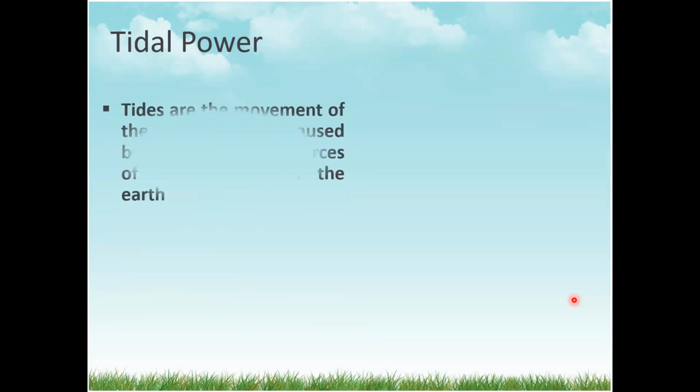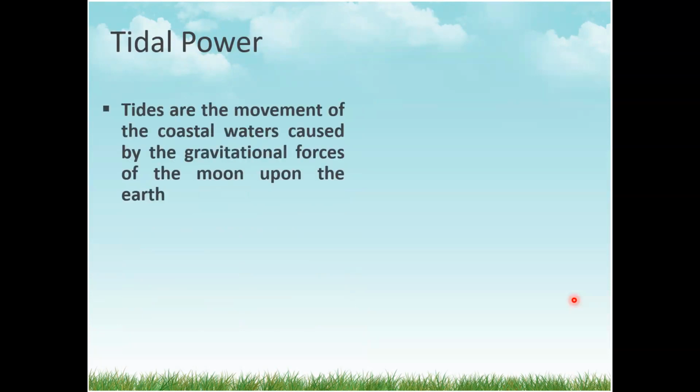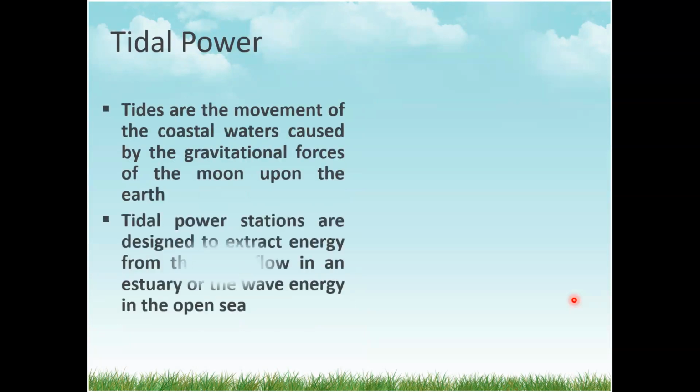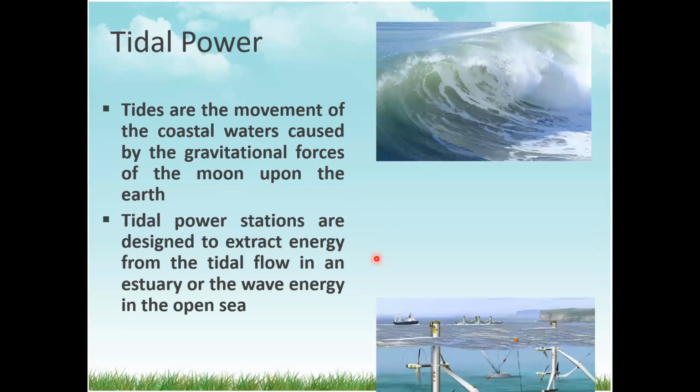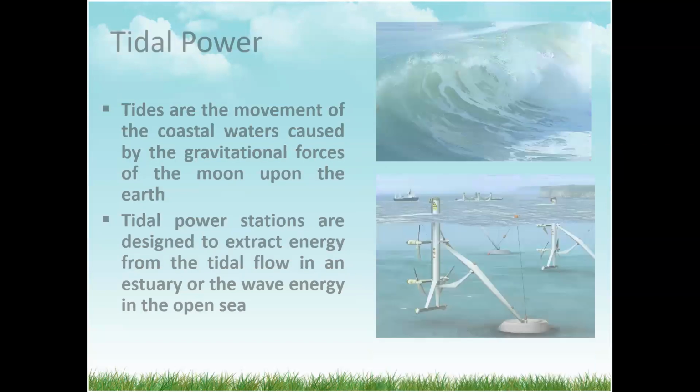Okay, next we also have tidal power. Tides are the movement of coastal waters caused by gravitational forces of the moon upon the earth, and tidal power is designed to extract this energy.